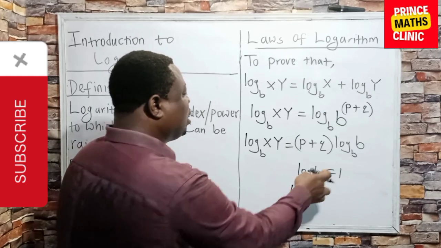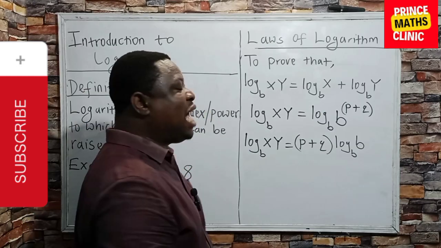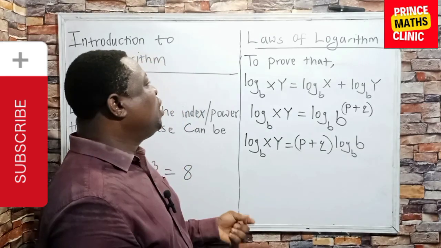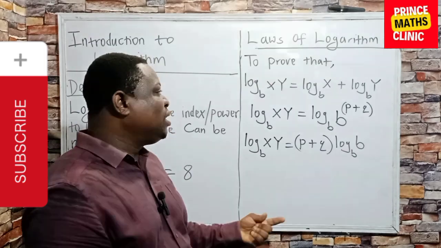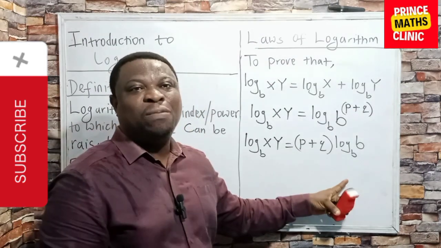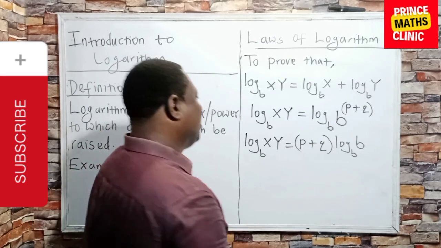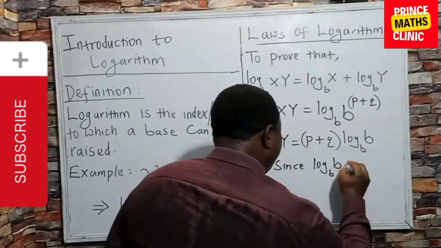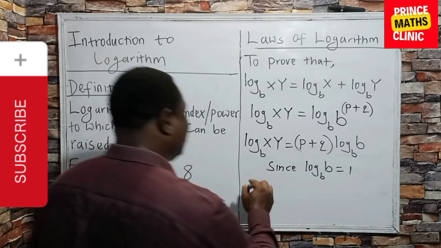So you can see that when the log and the base are the same, it turns to 1. You can see that in the process of proving the law of addition, I have branched into two other laws, which are the law of power and the law of a log that has the same value as the base. Now, since this log b base b gives us 1, everything here turns to 1.